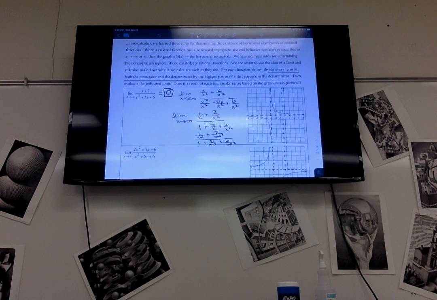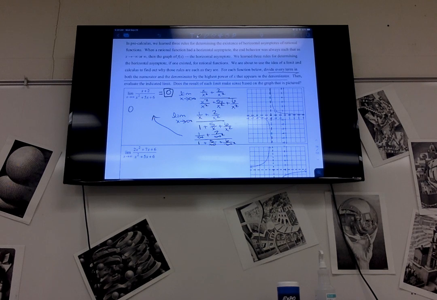If you take 1 and divide it by 100, you get 0.01. Divided by 1,000, it's 0.001. What is it getting closer and closer to? 0. So anything divided by infinity is 0.